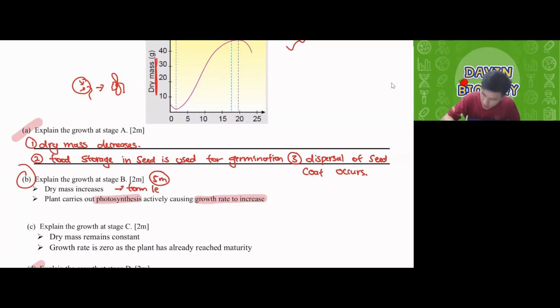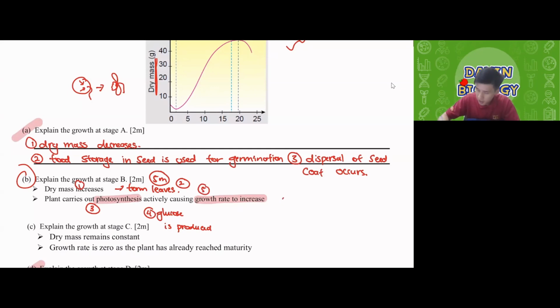Yes, they start to form leaves. Very good. Mention the leaf first. You got leaf, you become heavier, of course. Then you photosynthesis. When you photosynthesis, so 1, 2, 3, you can produce glucose. Then the growth rate increase.